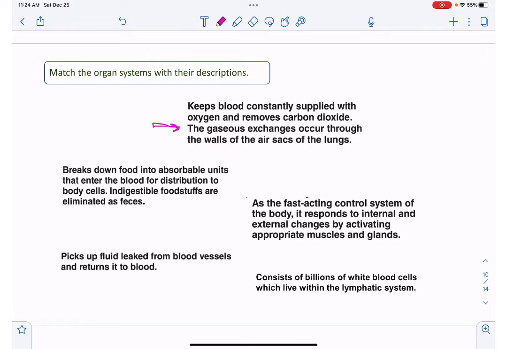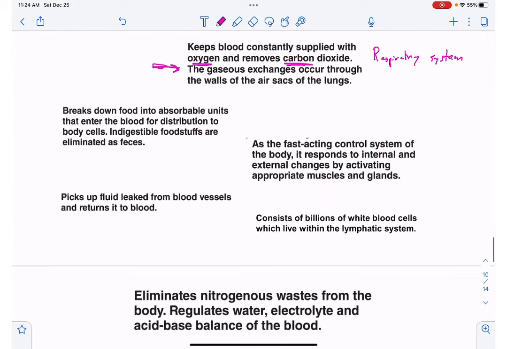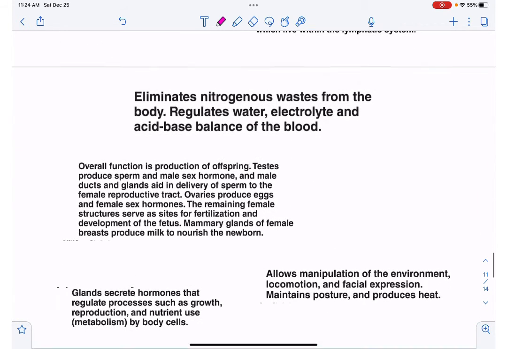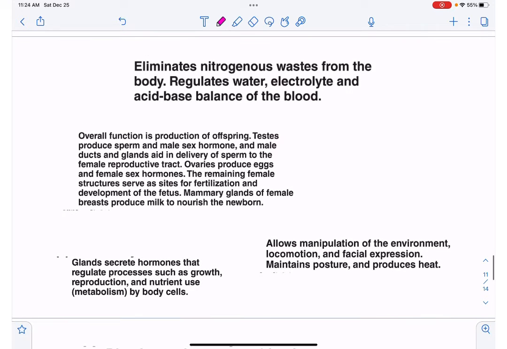So what about this one? Keeps the blood constantly supplied with oxygen and removes carbon dioxide. That's the respiratory system. Allows manipulation of the environment, maintains posture, produces heat.